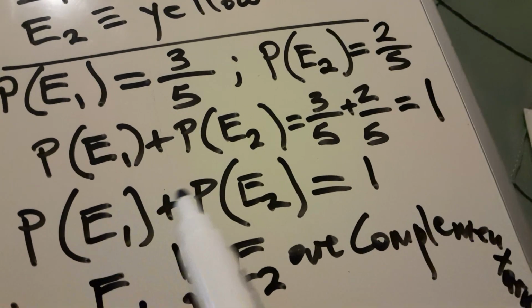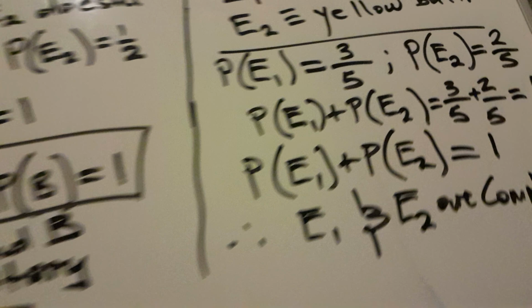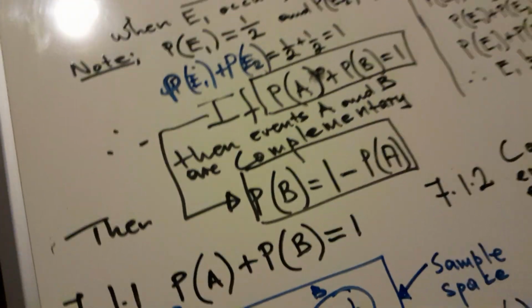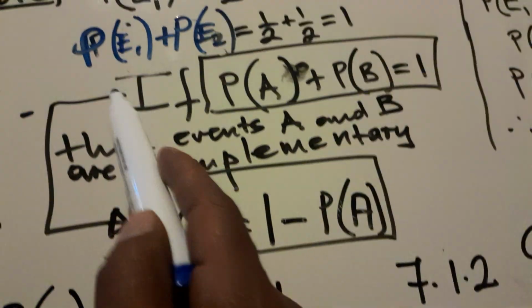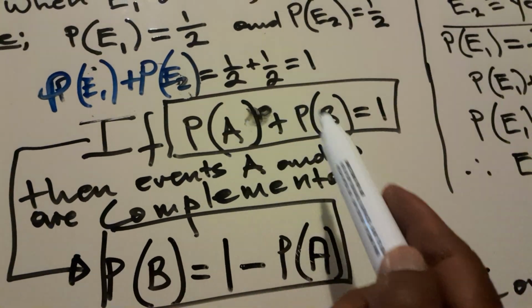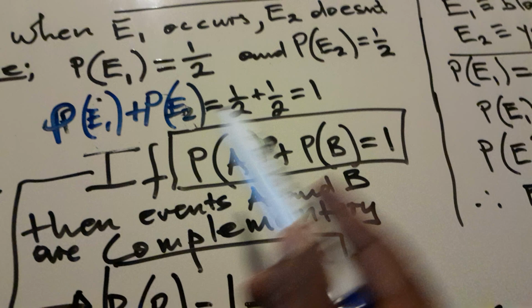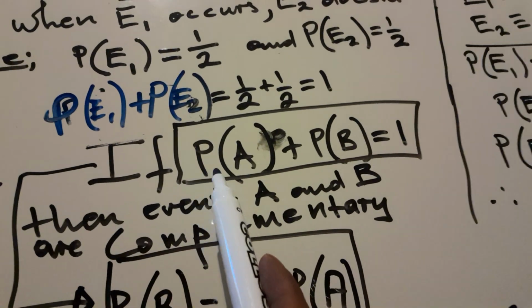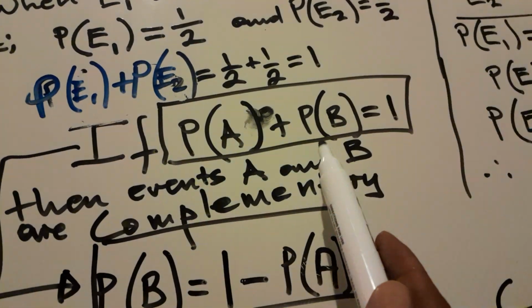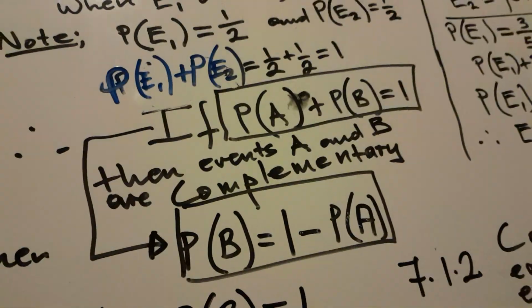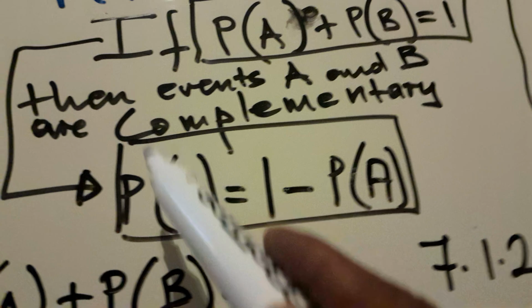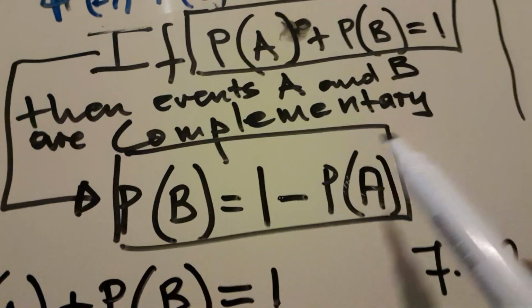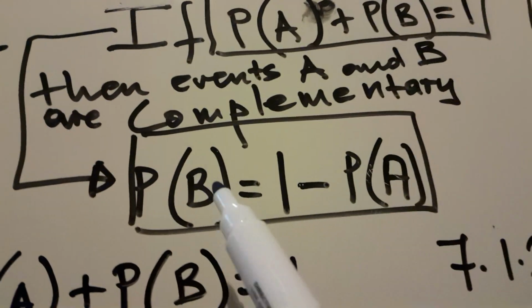When we add their probabilities, we get 1. And that's the general case, that if events A and B are complementary, then the sum of their probabilities is 1. Which means if I know the probability of the one, I can work out the probability of the other one by subtracting it from 1.